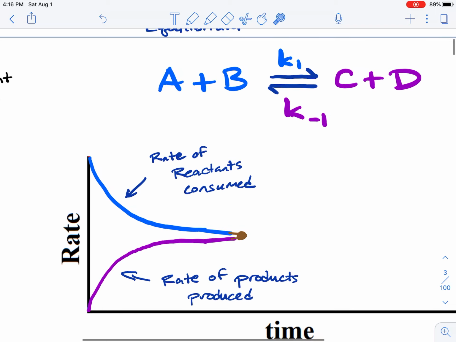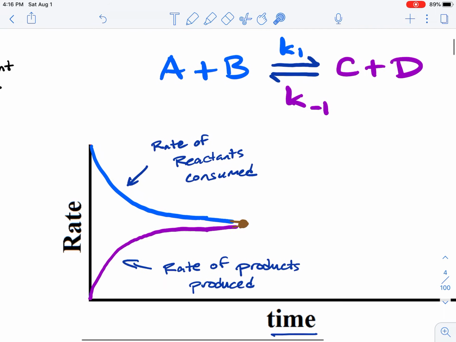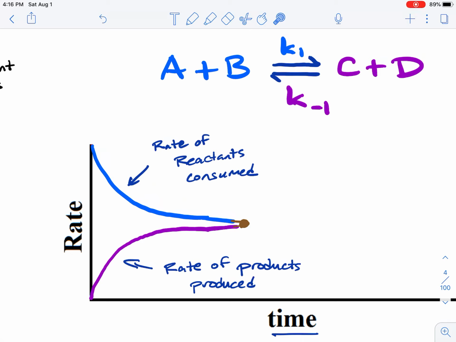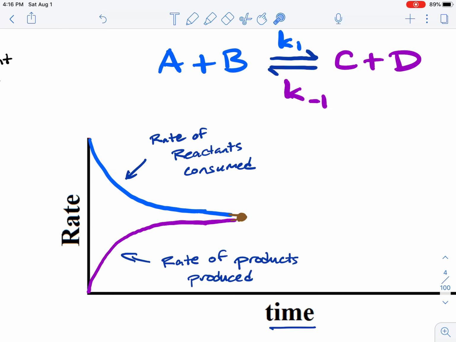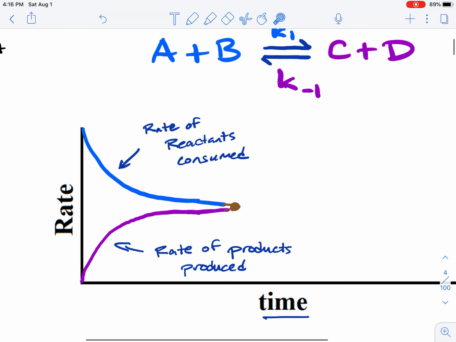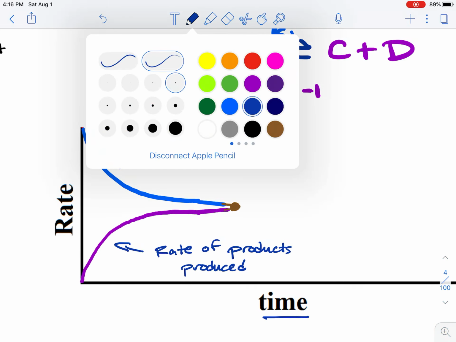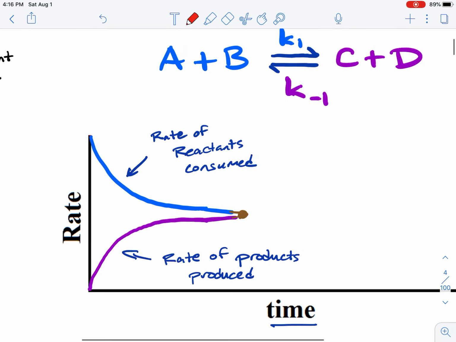And so we're going to take the simple scenario for now, where the rate of consumption is proportional to the rate of production before equilibrium has been achieved. And so we can go ahead and draw lines tangent to the curve, which is going to represent the instantaneous rate.